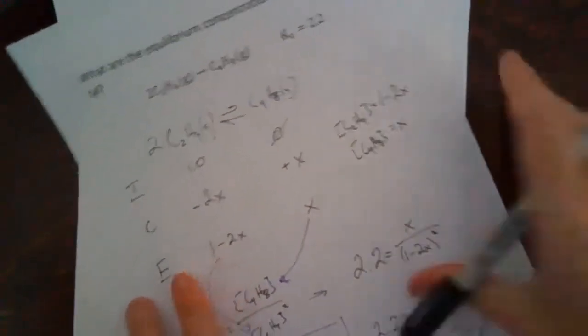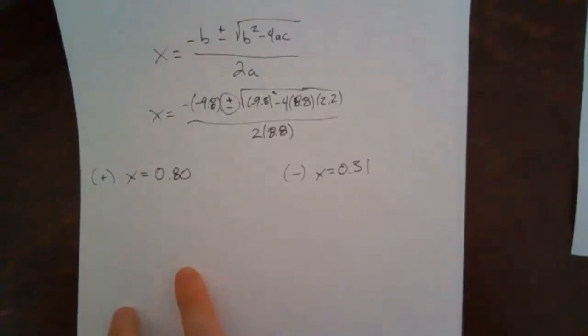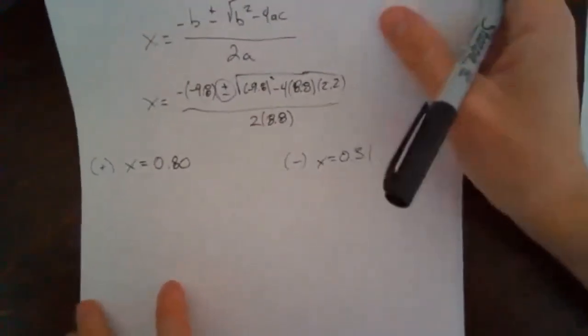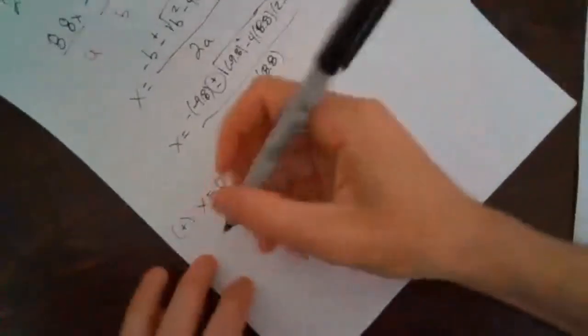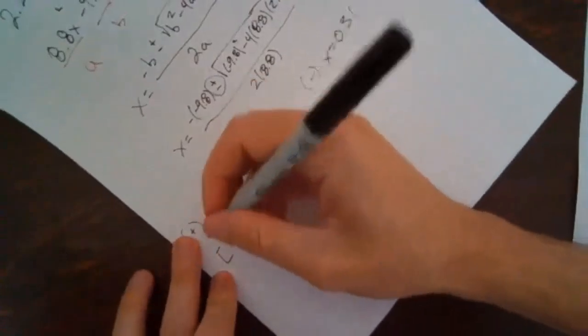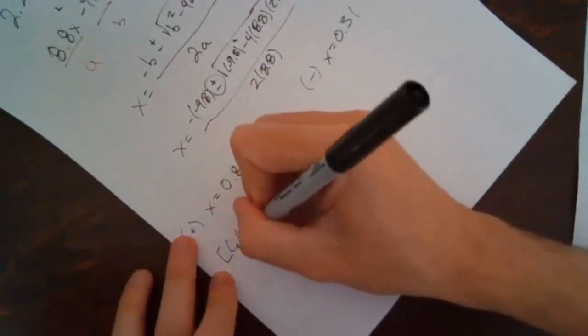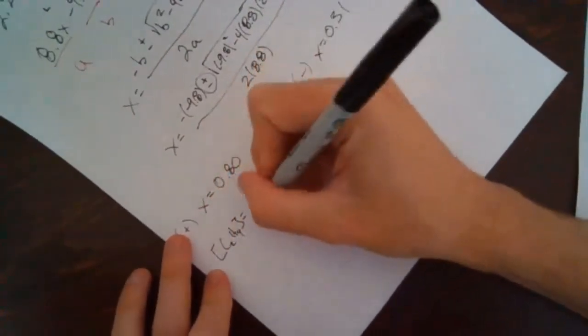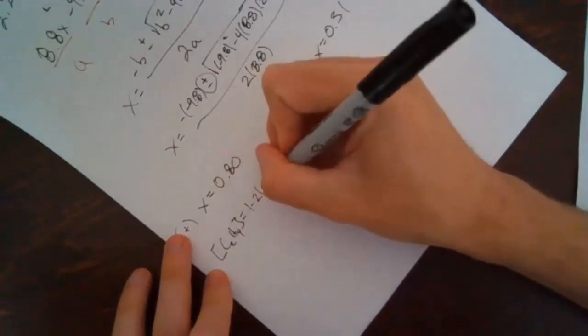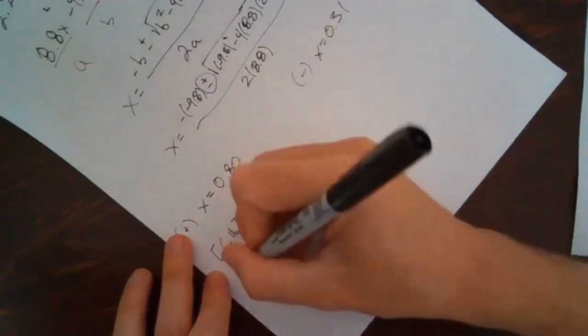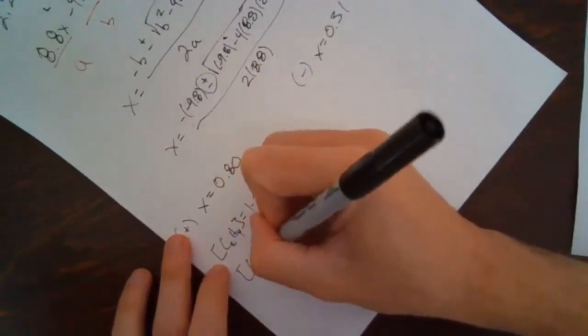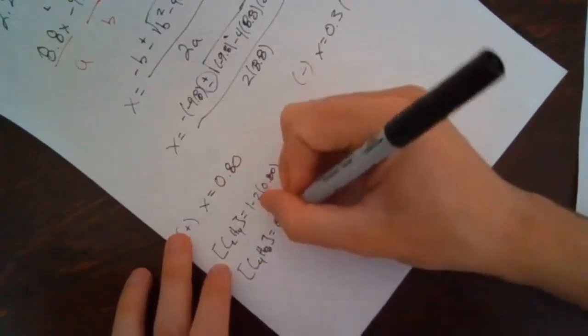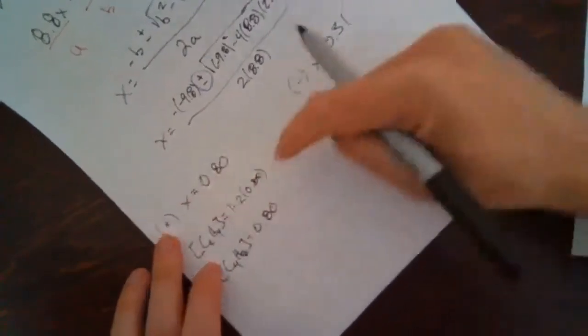So both values of x solve for the Kc, but they don't necessarily give you real concentrations. Let's see what the actual concentrations are. The concentration of C2H4 is 1 minus 2 times 0.80, and the concentration of C4H8 would be equal to 0.80.